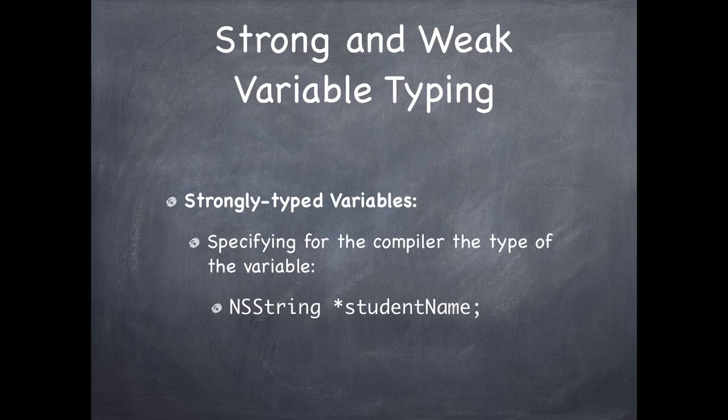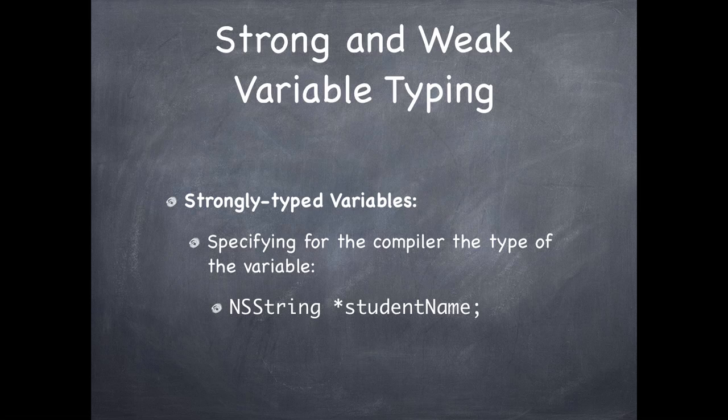Similarly here, strongly typed variables means that in this example, NSString studentName will hold an NSString value of some sort. Well, to be more technical, it's actually a pointer to the NSString object.